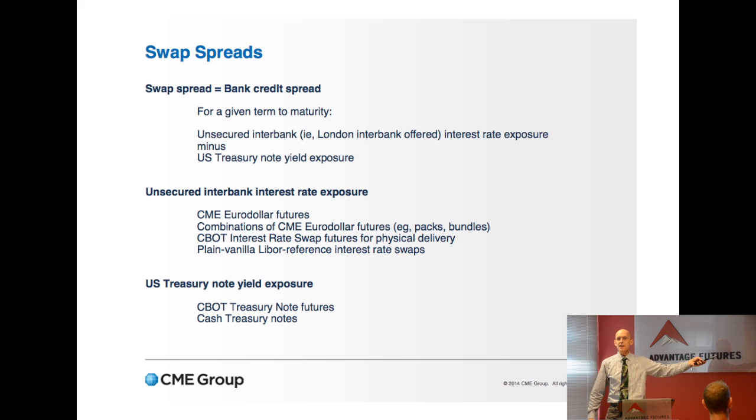You have a whole bunch of things at CME's designated contract markets that are available to you. Eurodollar futures, I think, are the axis of choice, not just individual contracts, but combinations of them. If you're adventuresome, you can also use CBOT swap futures for physical delivery.